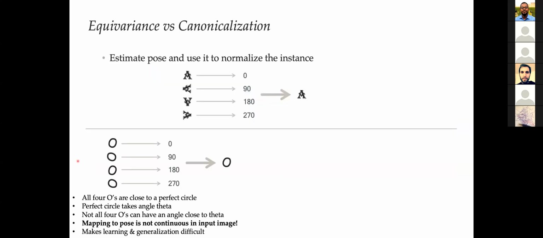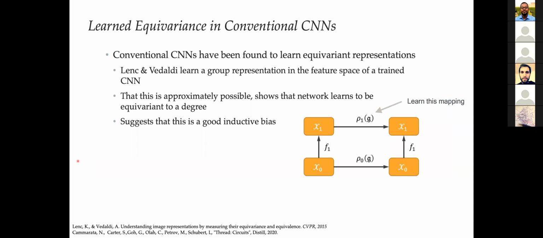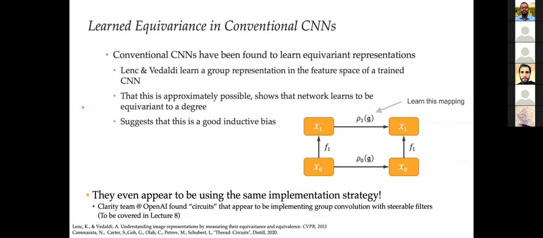All right, so I'm going to skip this. I'll make a quick comment about this, which is that there's some interesting research, for instance, from the Clarity team at OpenAI, that has found that conventional networks, typically trained with data augmentation, actually learn to be equivariant, at least to some degree.